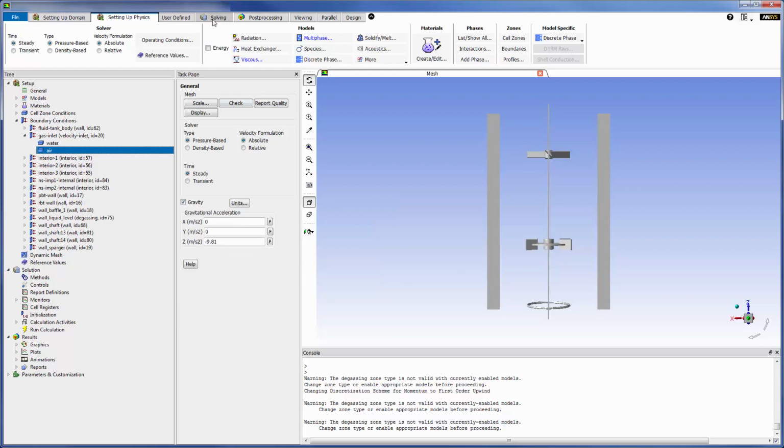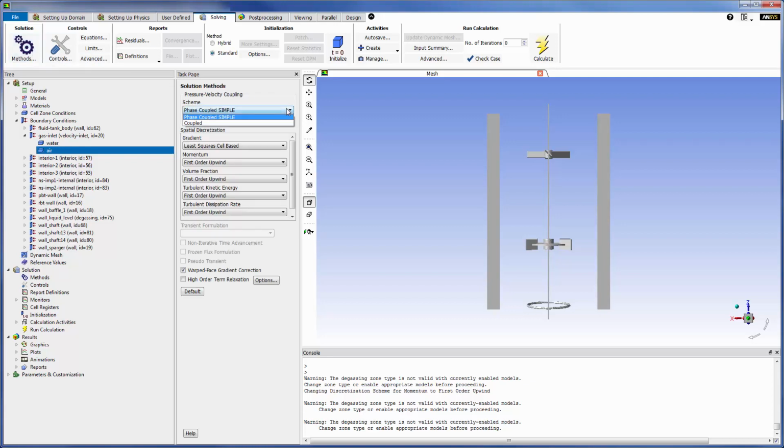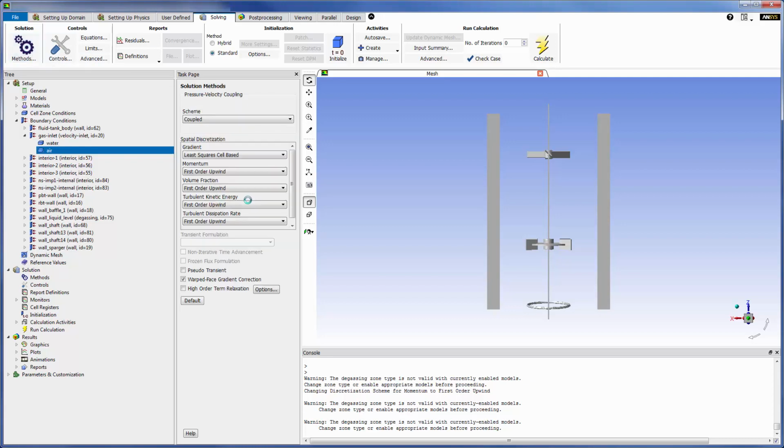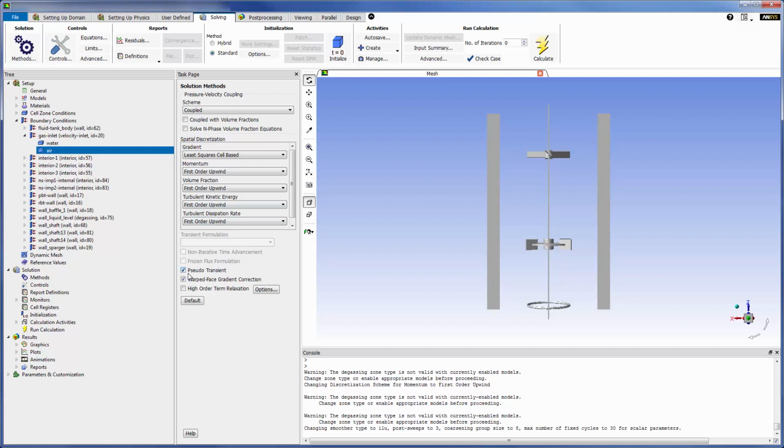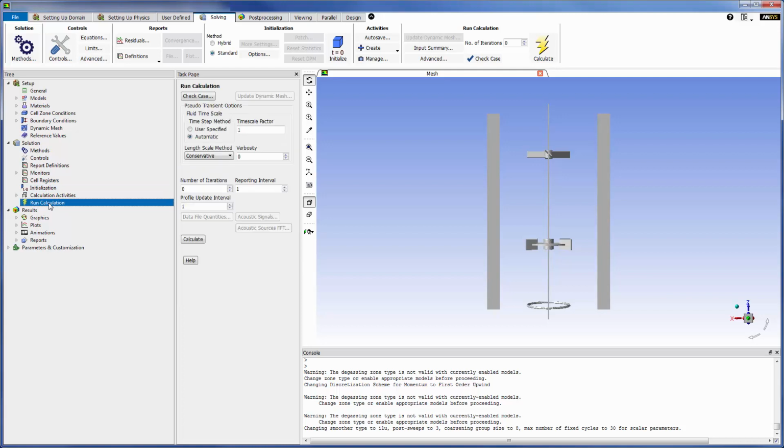The calculation is now ready for submission to the solver. The solver will use the coupled scheme, and the run is pseudo-transient. I will use an automatic time step method with a timescale factor of 1. The solution should converge after 850 iterations.